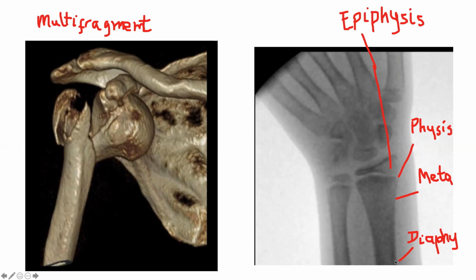That can be divided into the long shaft, which is called diaphysis, and the flare region of that diaphysis is called metaphysis. So now we know which is epiphysis, physis, metaphysis, and diaphysis. Physis is the growth plate, and therefore this is an X-ray of an immature skeleton.